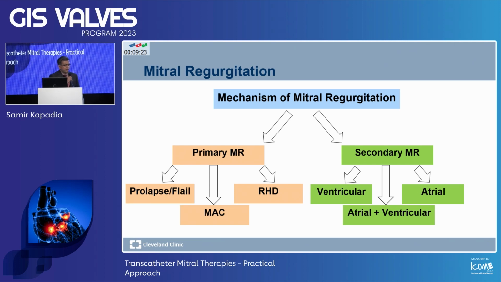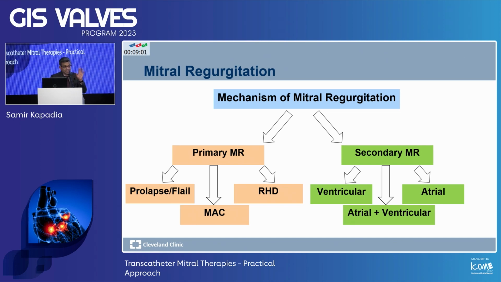So the main question is that if you look at mitral regurgitation, these days we divide it into primary mitral regurgitation or secondary mitral regurgitation. Instead of functional, nowadays we call it secondary mitral regurgitation. In the primary one, there is a prolapse and flail, but there is also MAC and rheumatic heart disease.